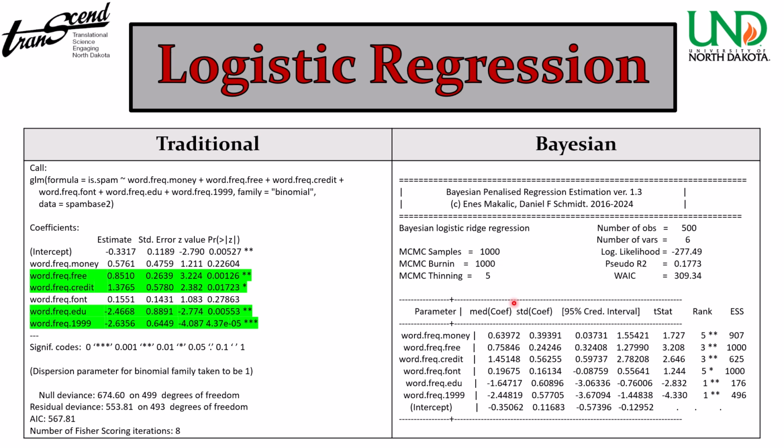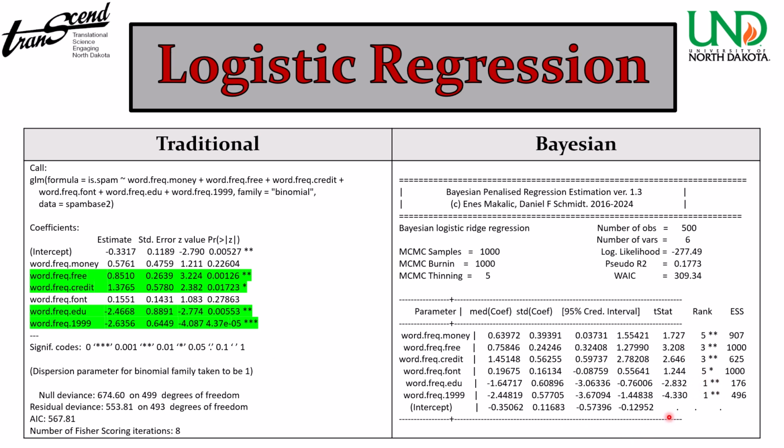It gives some of the parameters that it runs with, but then really what we're getting here is the different parameters and the rank, and you get something that's analogous to a t-statistic, and the ranking is such that the lower the rank, the stronger it is. So for example, if we look over at the traditional here, education had an estimate of negative 2.4.